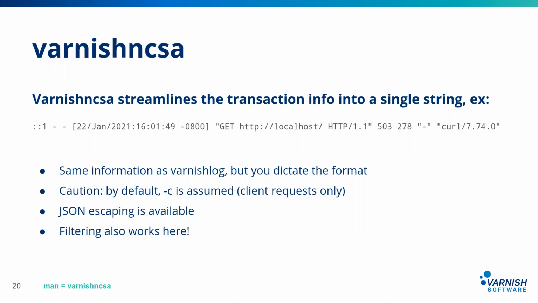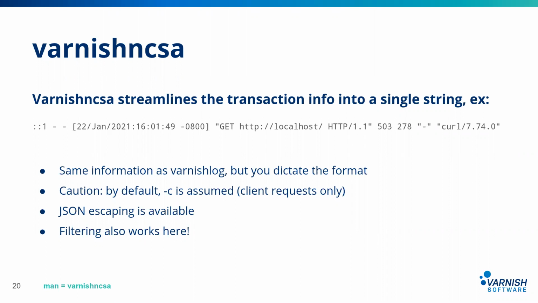And that's absolutely right. Varnish log is debugging information. It has a tremendous amount of data in it, but most of the time you just need to know who requested what at one time and how much data you pushed and how long it took. And that's it. And Varnish NCSA is going to do that by default.